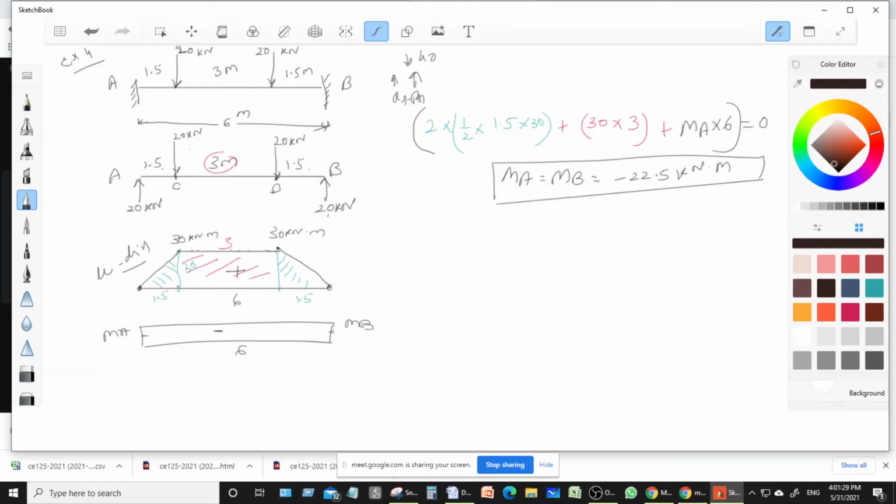Now you have to superimpose this Mu dash diagram on the Mu diagram.